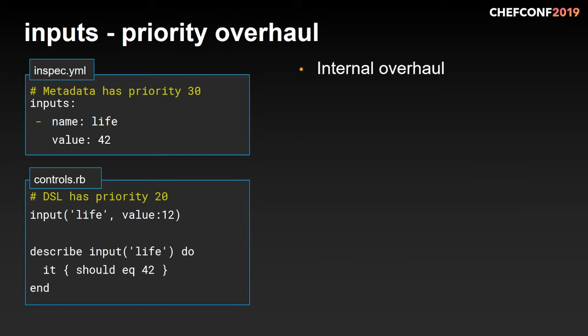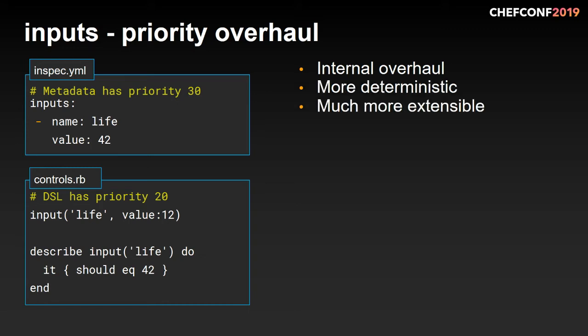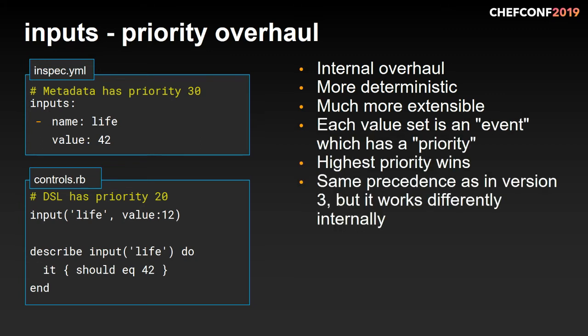We did an internal overhaul, performance-wise and for priorities. Basically we made it more deterministic and more extensible. The way it works is that the highest priority wins. In this particular case, if you have your YAML and you've got this input value 42 and its priority there is 30, and then down below in the controls the DSL has 12, 42 will win because it has a higher priority.